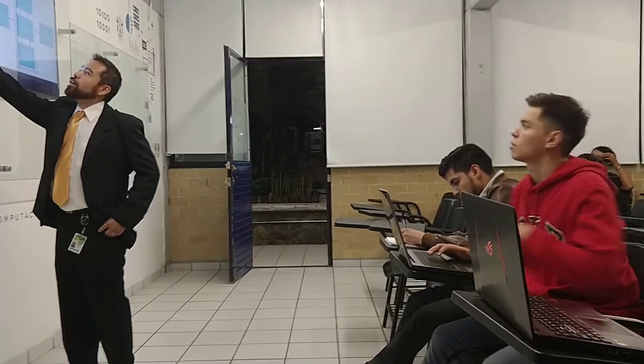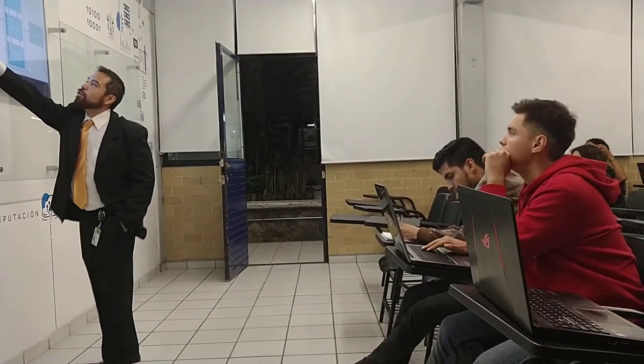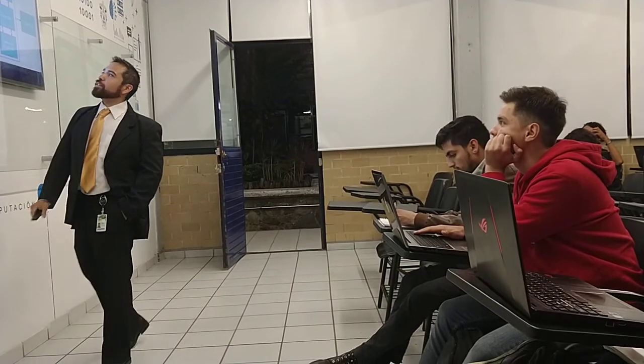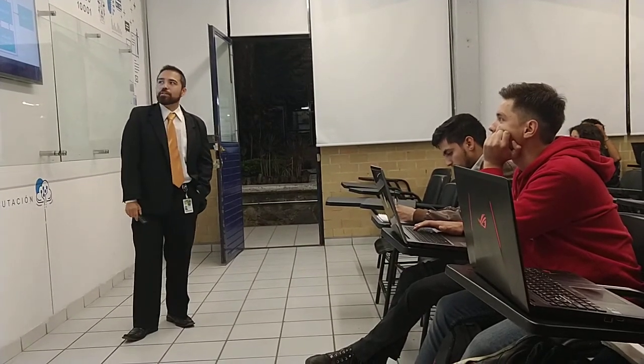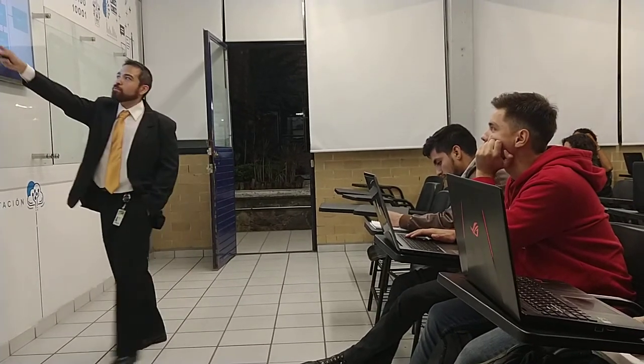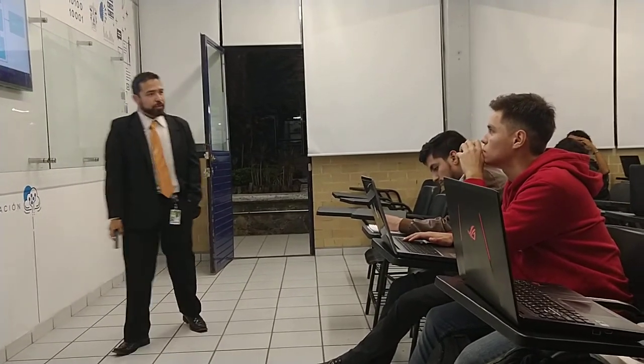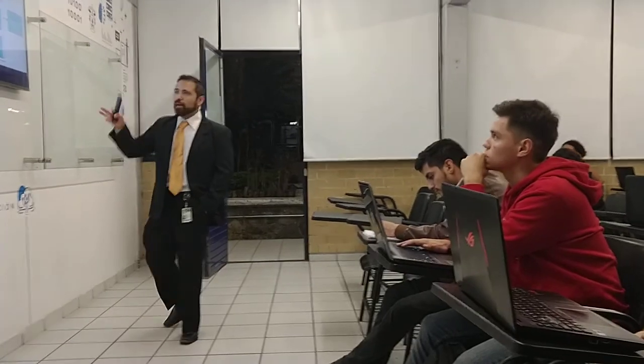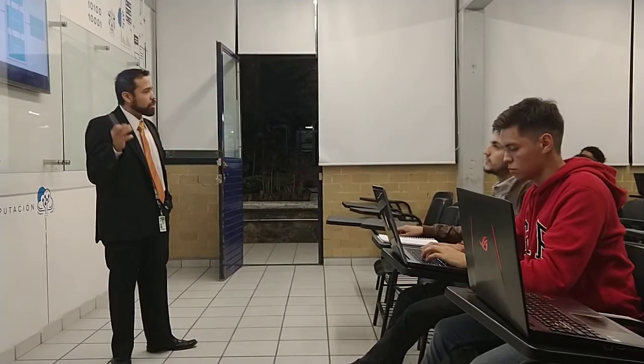The third, data processing. Performing arithmetic and logical operations on data in order to convert them into useful information. Okay? Remember, these are all key points that we need to remember.